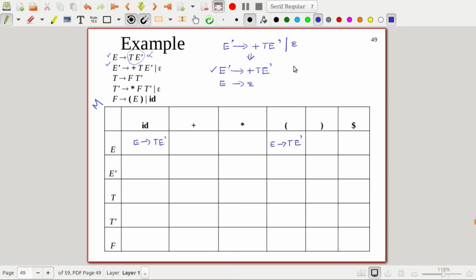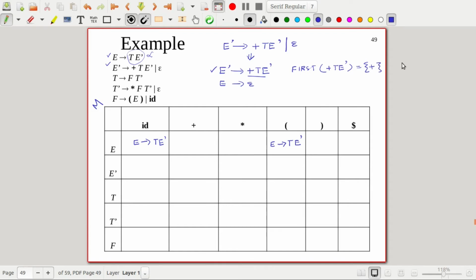Here we have to compute the first of this one. This is our alpha, plus TE dash. So we find the first of plus TE dash. The first of plus TE dash will contain only one entry, that is plus.